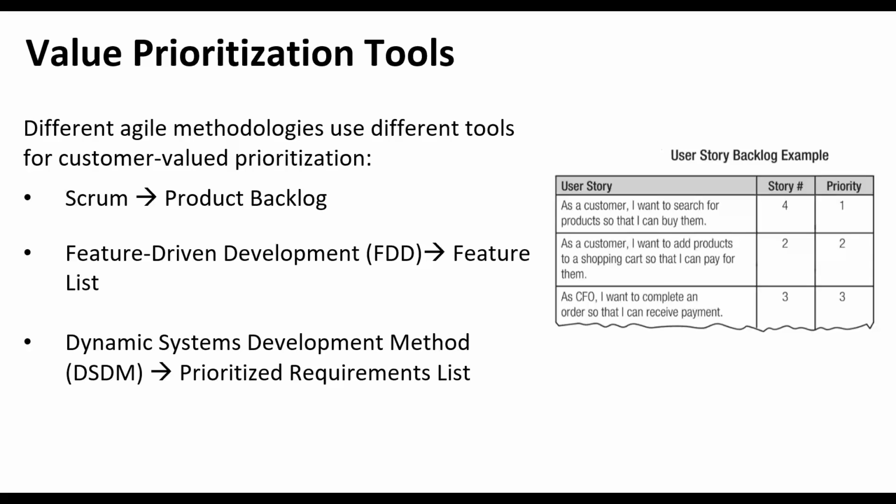And then dynamic systems development method, or DSDM, has a prioritized requirements list. So regardless of what it's called and the different nuances and the different methodologies, the idea is the same. The team works through a list of items that have identifiable value and have been prioritized by the customer, the end user, stakeholders, key stakeholders.